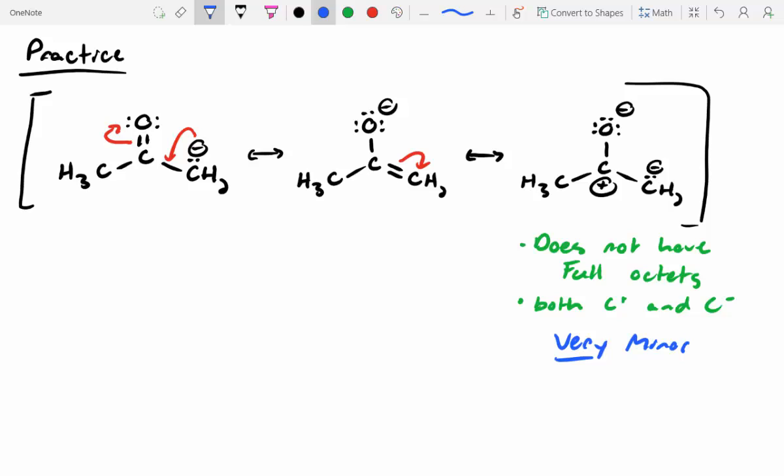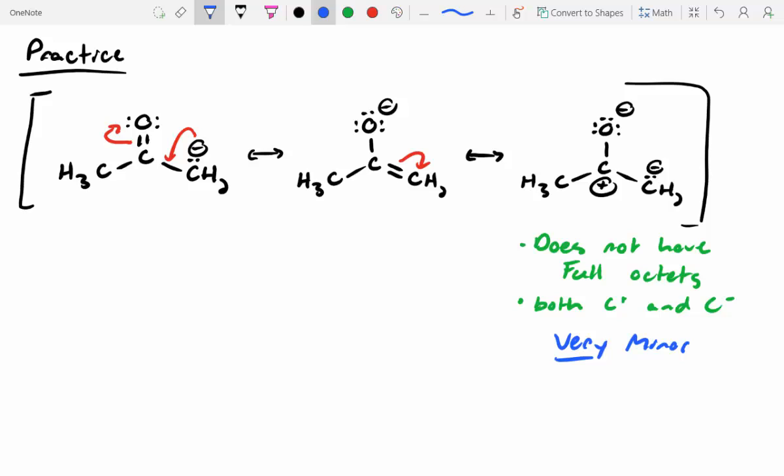All right, so now we've got to compare the left two, right? Which one do you think is going to be the major contributor between the left two? They both have full octets. Second one. Why do you think the second one is the major contributor, Marcus? Oxygen will be happier with negative charge. Oxygen's more electronegative, which means it's going to be happier carrying that negative charge than the carbon.